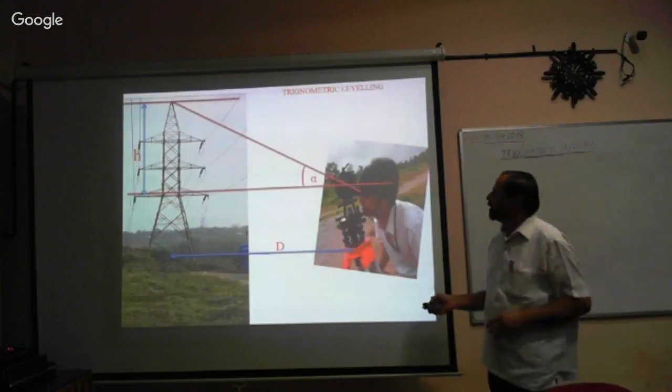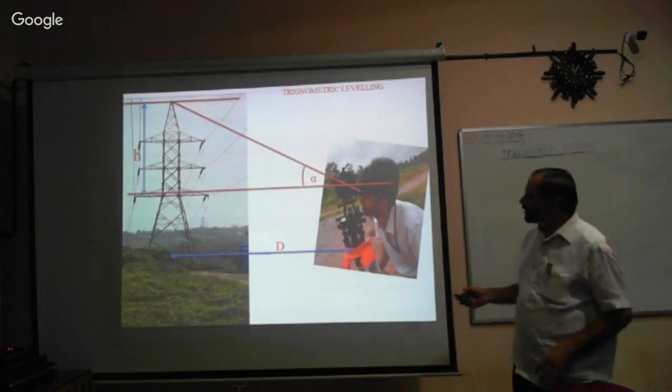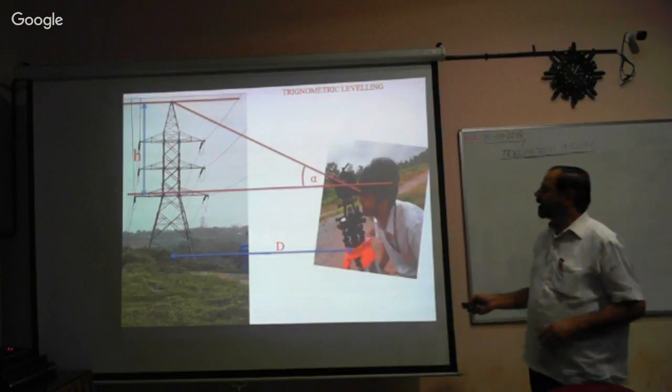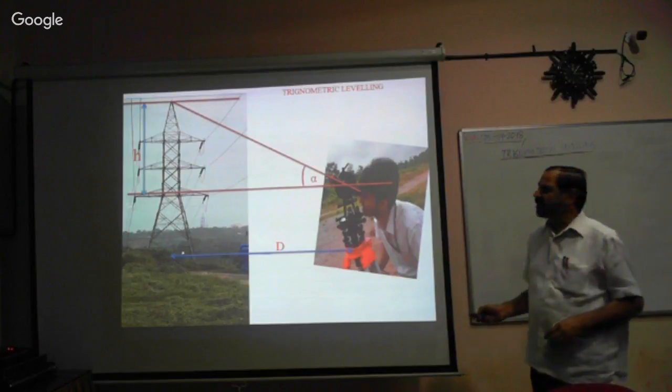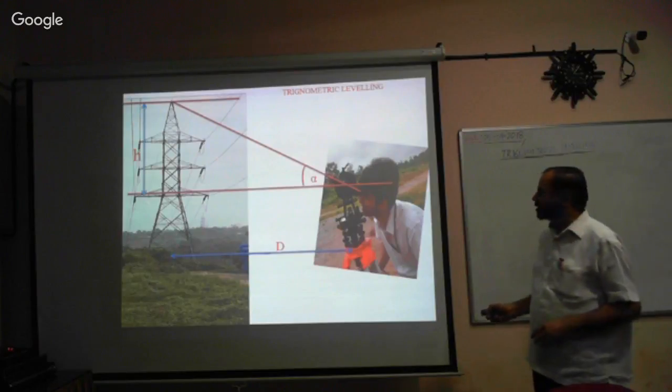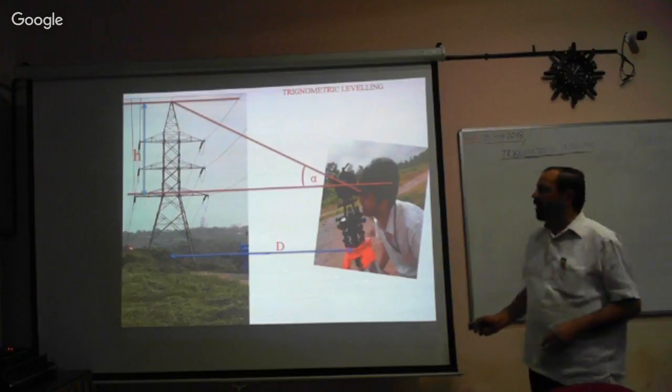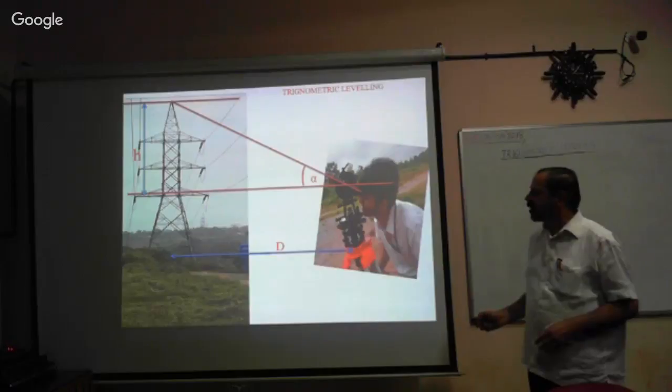Similarly, this is another example where we can reach the object. From the instrument station, the base of the object can be reached, and we can measure the horizontal distance, as I have shown just above. It is measured at the ground level.